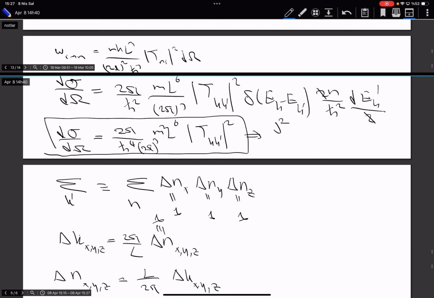L to the 6 is meter to the power 6. M squared is kilogram squared. H bar is joule seconds. So it is joule to the 4 times second to the 4. So let's say this is meter squared divided by joule squared, kilogram meter squared per second squared, all squared.